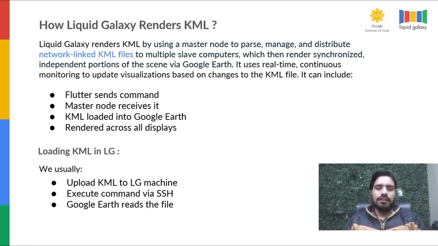So in this way we get the result. In this case, we are able to display the logo on the LG1 machine. So in this way Liquid Galaxy renders KML. So let's jump to the next slide.